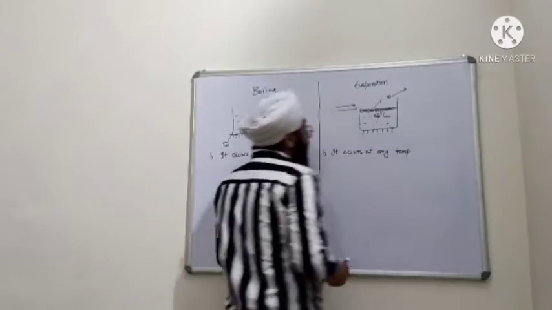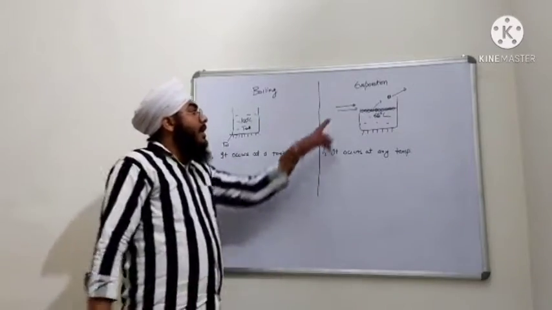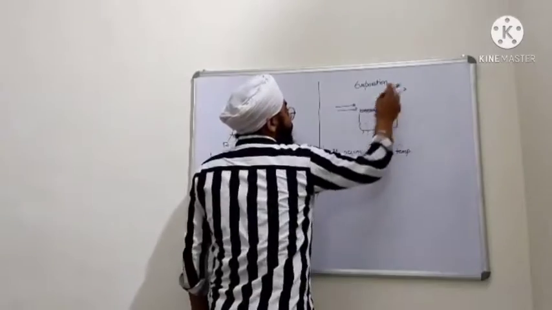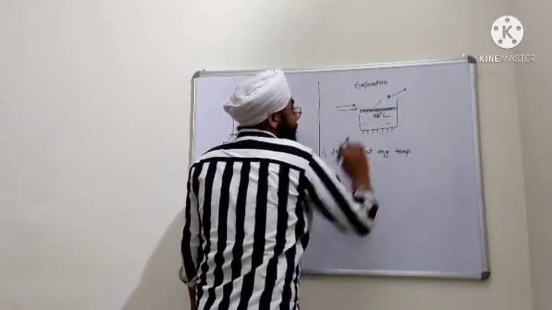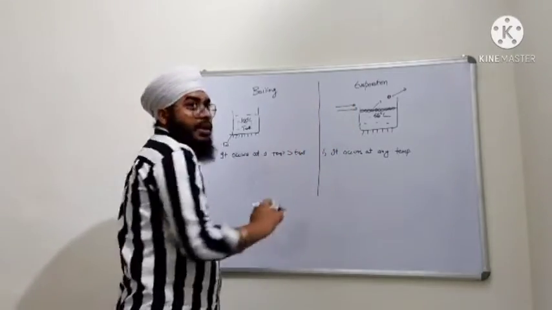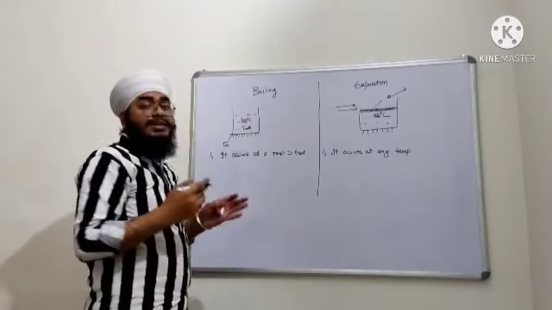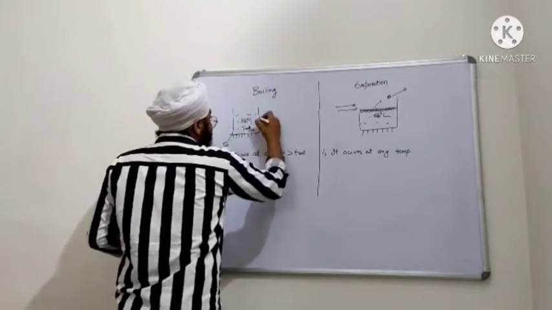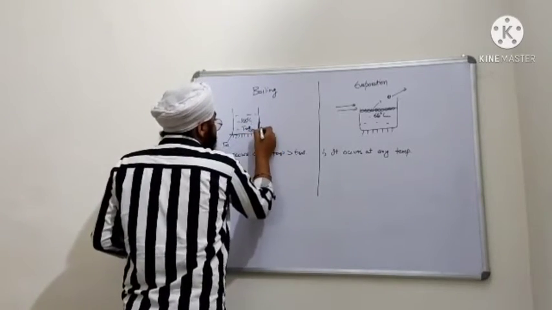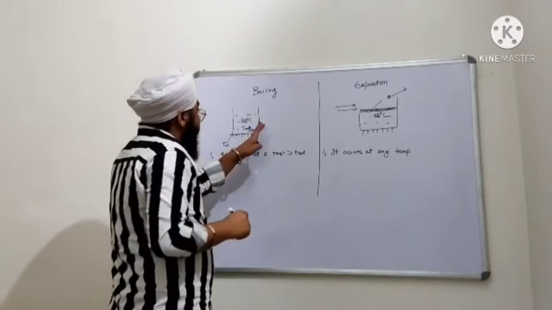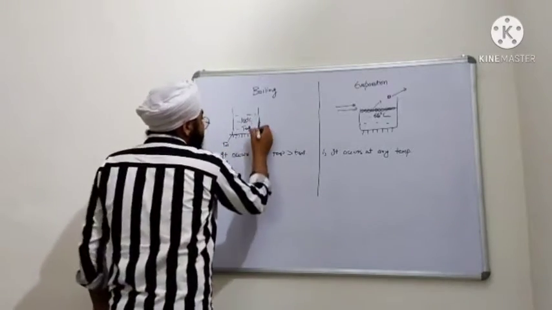Now the second difference is that here we see the particle is removed from the liquid at the surface. So evaporation is a surface phenomenon, but boiling is a bulk phenomenon. Let's say there are these two particles. The heat is given to the solid surface, and the heat is transferred from this to this.